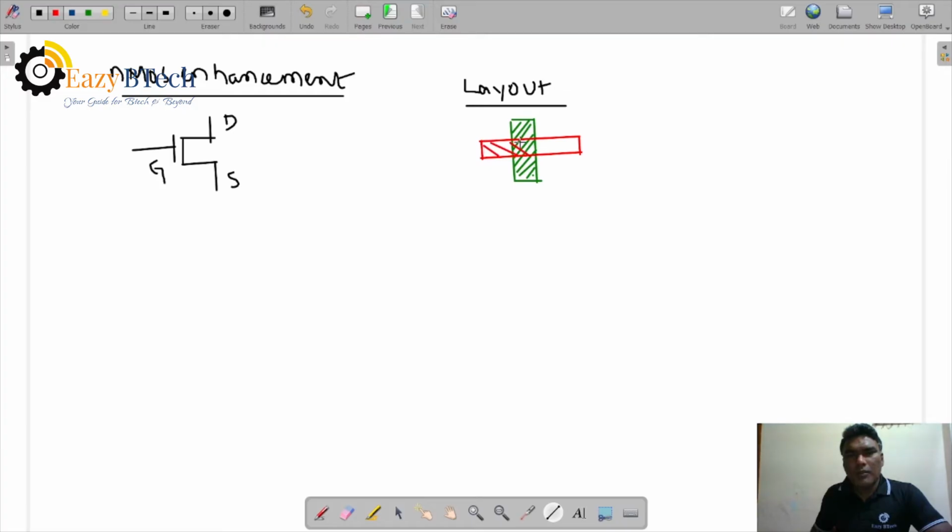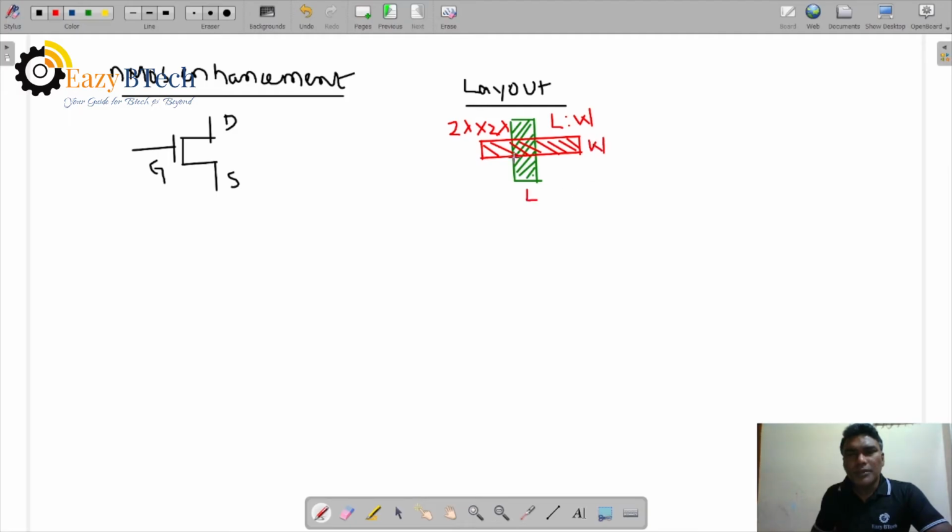Now the length into width, the L into W ratio, is 2 lambda into 2 lambda.